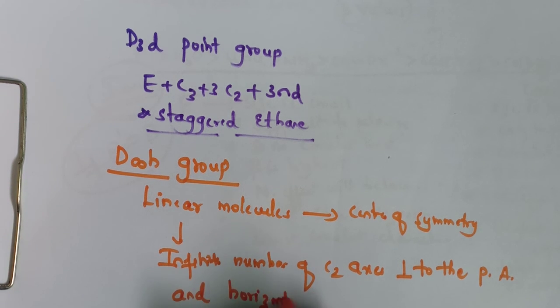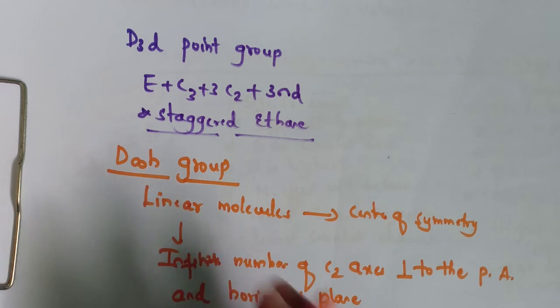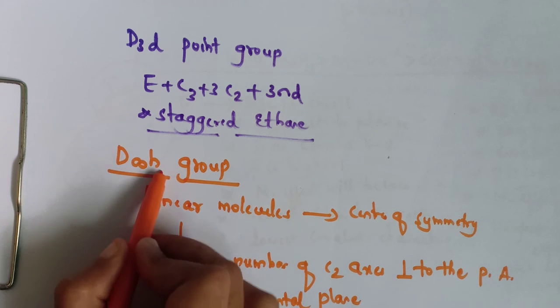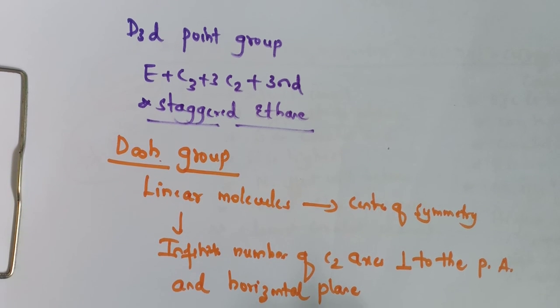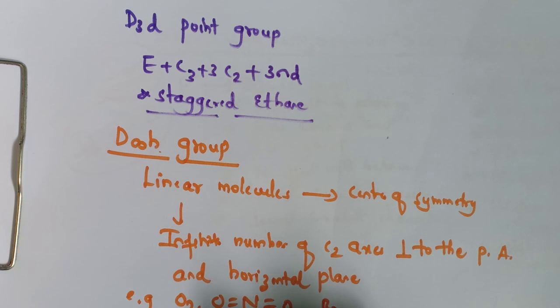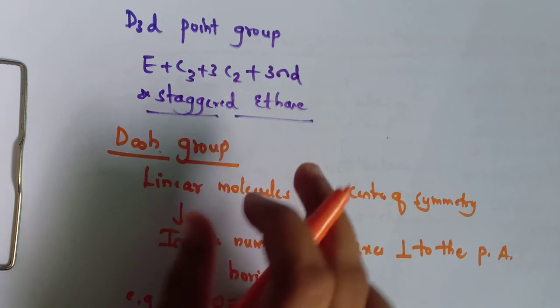That is, an infinite number of horizontal planes should be present. These linear molecules with a center of symmetry, infinite C2 axes perpendicular to the principal axis and a horizontal plane will come in the D infinity h group. So examples are O2 and NO2, and Br2 is also an example of this D infinity h group.